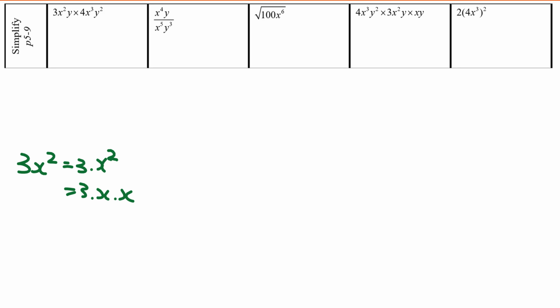Now if I give you this question here, 2 times 4 times 3, is there any other way of writing that out? Is 2 times 4 times 3 the same as 3 times 2 times 4? What's 2 times 4?